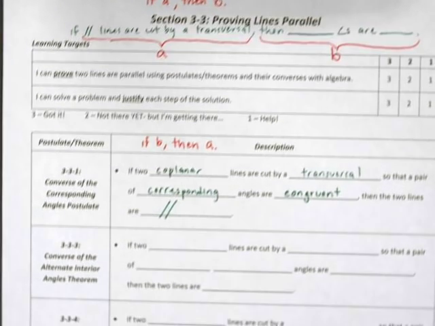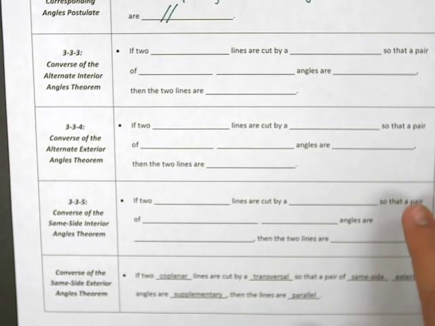You hopefully remember your angle pair relationships. They don't change. The alternate interiors are still congruent, the corresponding are congruent, and the same side interiors and exteriors are supplementary. So let's go with it.